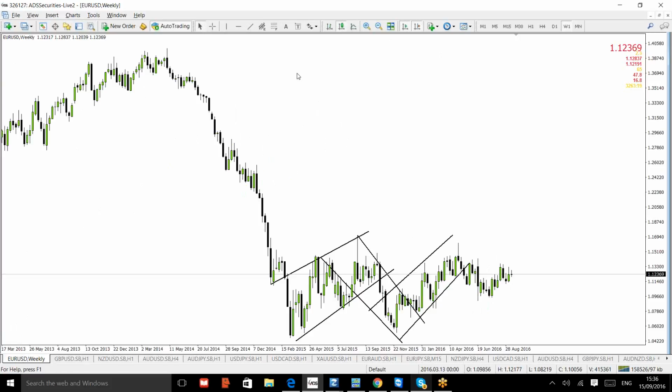You'll see on my charts a lot of lines like this. It looks pretty messy, but there's a reason for it, which I'm going to show you in a minute.